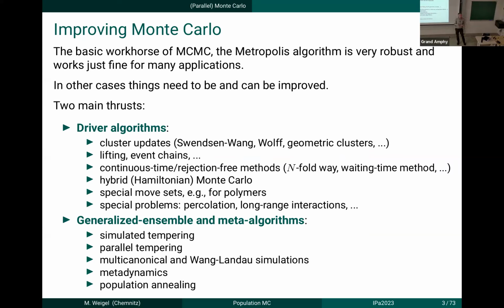For example, if you do non-reversible updates, that speeds up the exploration of configuration space, but if there's a big energy barrier or big entropic barrier, you will not typically cross that using these approaches. There are some exceptions to that, so this division is not perfectly clean, of course.